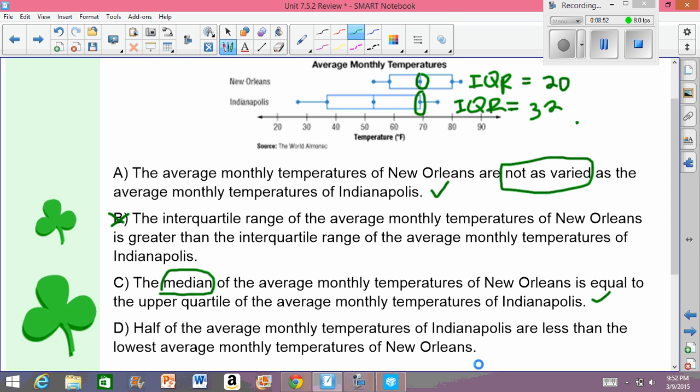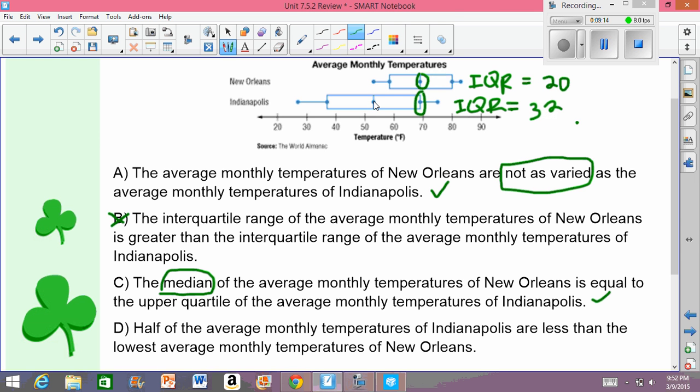So that looks like it might be a true statement as well. Let's look at D. Half of the average monthly temperatures of Indianapolis are less than the lowest average monthly temperature of New Orleans. So if we look, remember, each dot to dot represents 25% or 1/4 of the data.